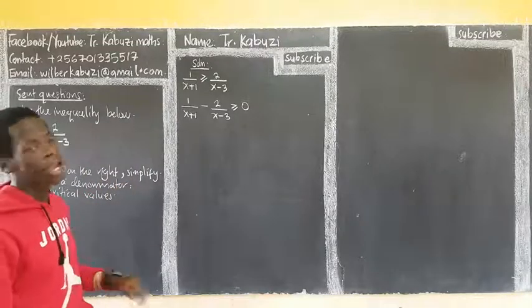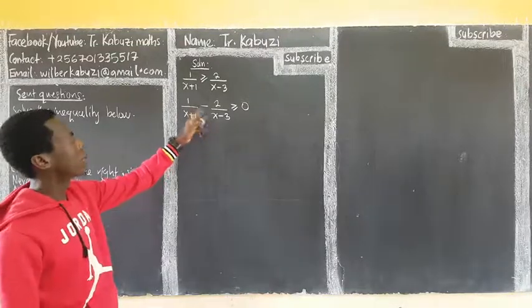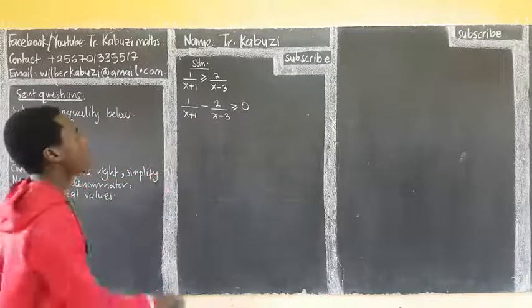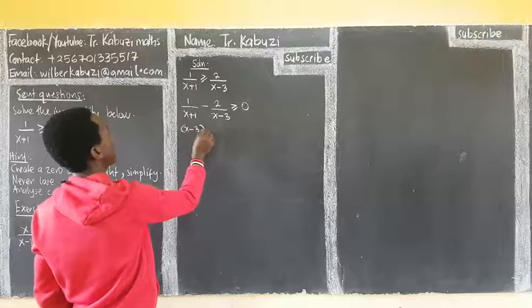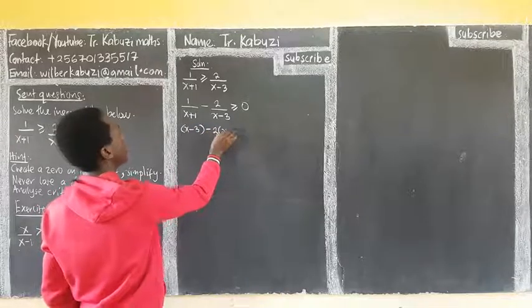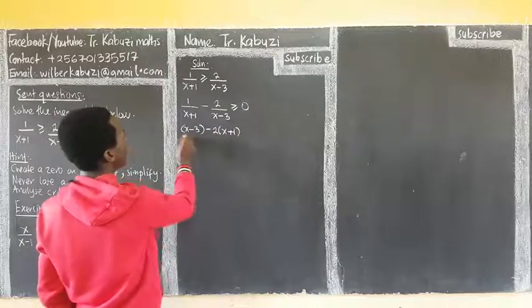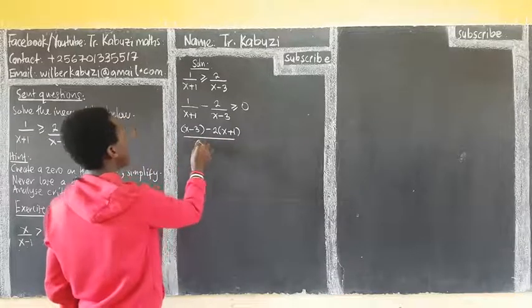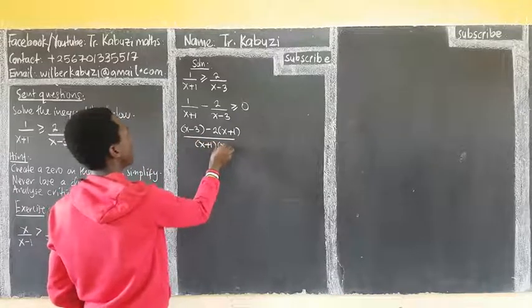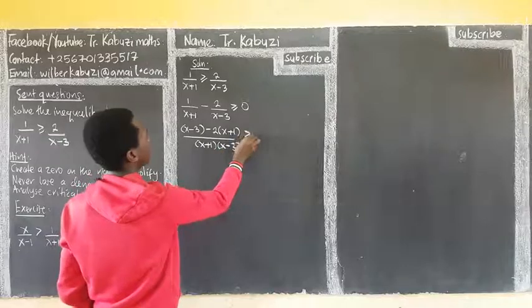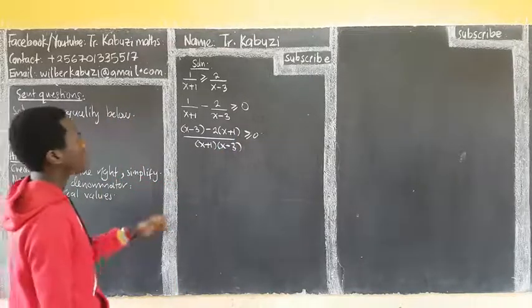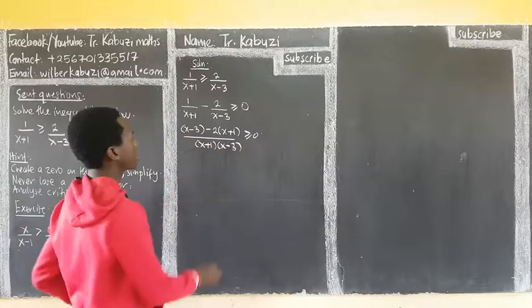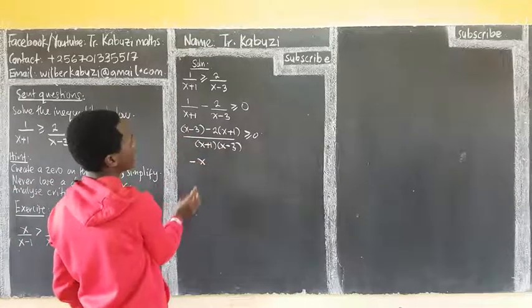Comma, simplify. So we're going to simplify this one, and just cross multiply, and then we simplify. So this would be x minus 3 minus 2 into x plus 1, the whole over x plus 1, x minus 3 greater or equal to 0. So after simplifying here, this is going to be x minus 2x, which is going to give us negative x.